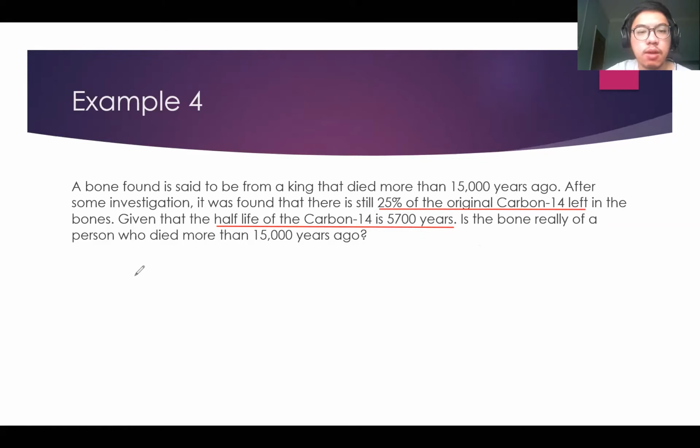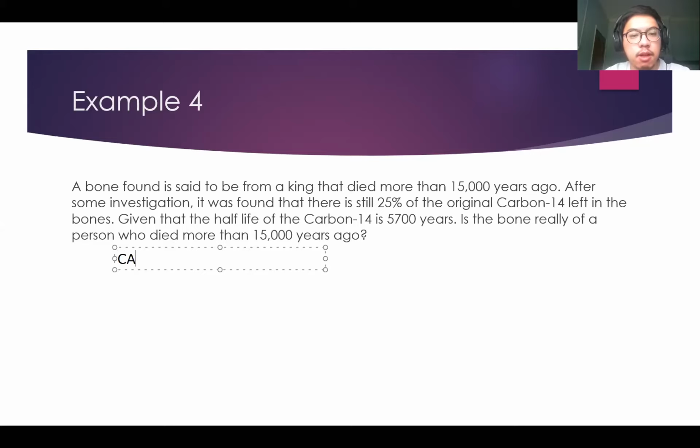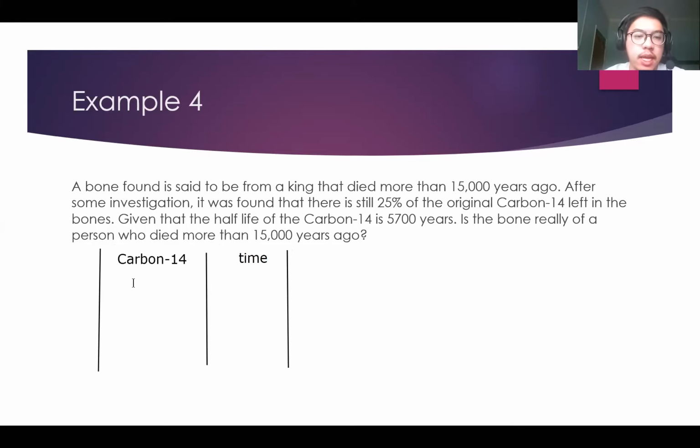Okay, so like half-life calculations before, we need to have some sort of timeline. So let's just do a timeline of the amount of carbon-14 against time. Okay, so that's the timeline that we are doing for this example. In the beginning, when the king initially died, the amount of carbon-14 inside his body is still 100%.